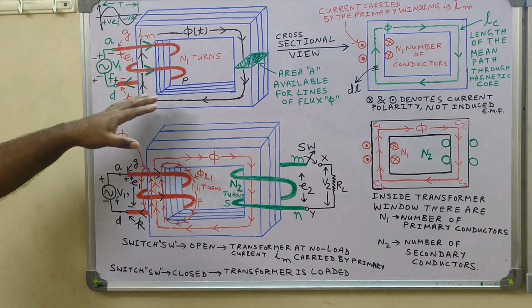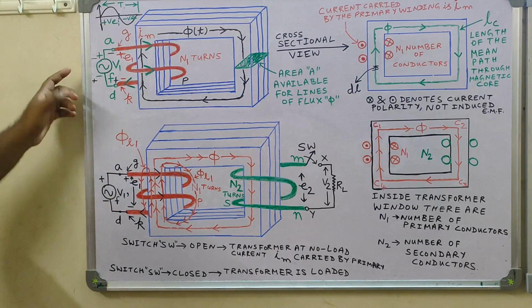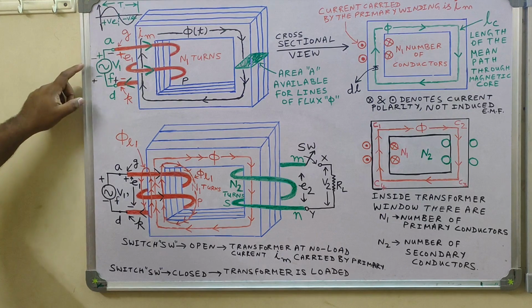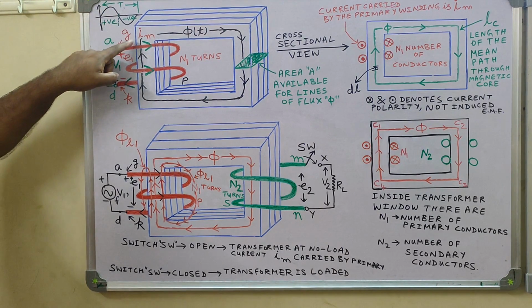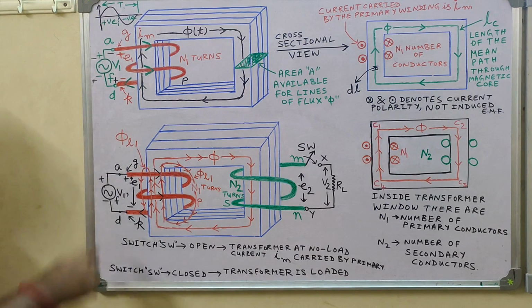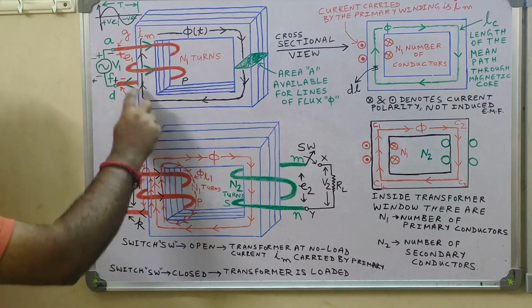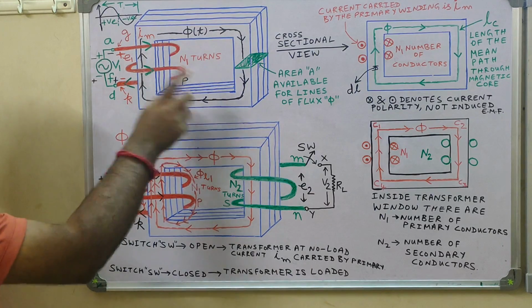So the transformer primary winding P will always draw a current from the alternating voltage source, denoted as Im and named the magnetizing current, and its function is to establish an alternating flux in the transformer core.